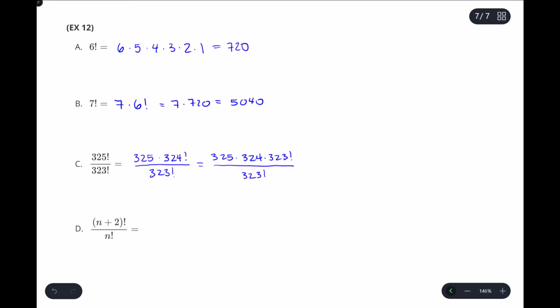Now, this is something that can really be helpful, because the thing is, 323 factorial, even though that's an extremely large number, it's the exact same number in the numerator as in the denominator. And all of these terms are multiplied, which means we can cancel through division. And so this is really just going to be found by taking 325 times 324.